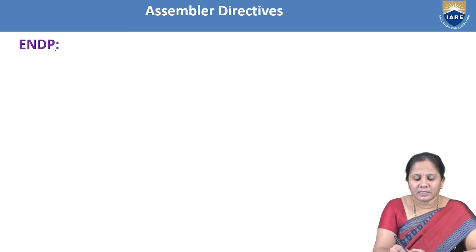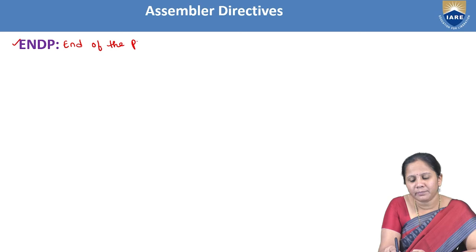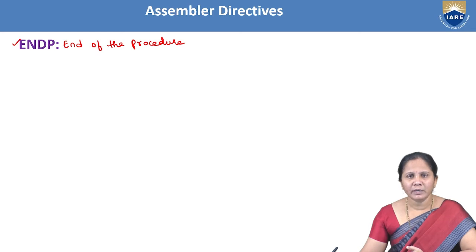And the next assembler directive here is ENDP. ENDP represents end of the procedure. We know that while writing assembly level language programs, if we want to execute some set of lines repeatedly which perform some specific operation, we write that specific set of lines separately, which we can call a procedure or subroutine.